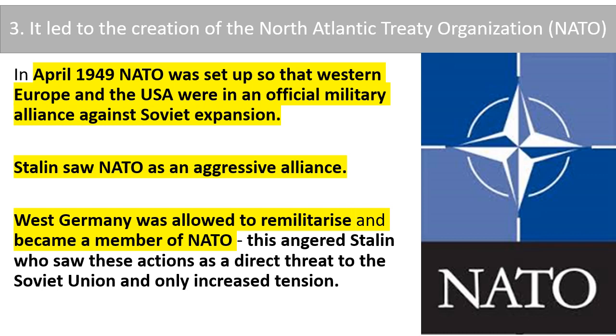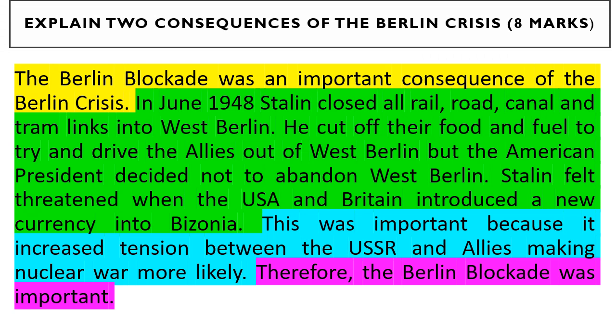So Stalin now knew that if he attacked, say, Britain or France or West Germany, in this case, more importantly, the Allies would definitely go to war. Okay, so there was no question like, would they not? They definitely would if he attacked West Germany. Again, creation of NATO only serves to increase tension between both sides.